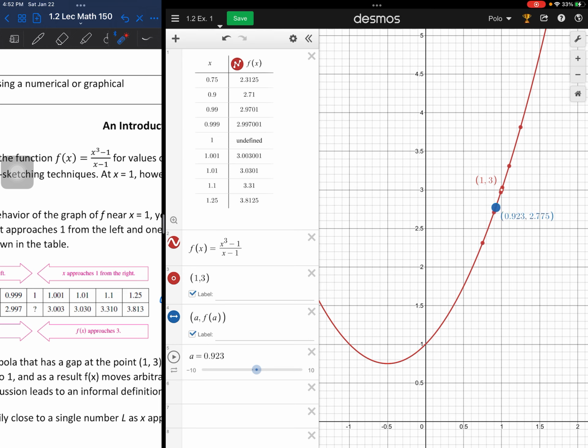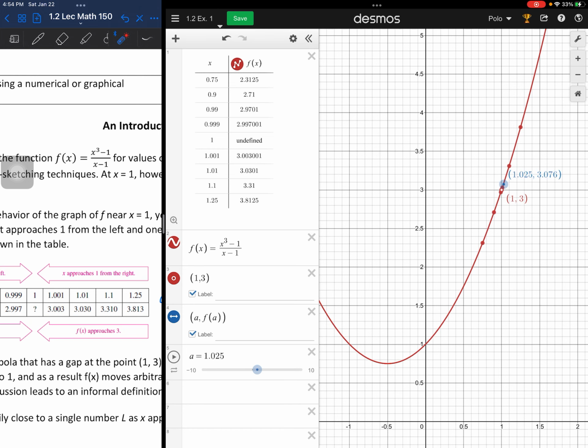What is that number getting close to? Well, you can try a guess. As I get closer to 1, the number is getting close to 0.99. That's very close to 1. And the number on the right, 2.97, is getting closer to 3.